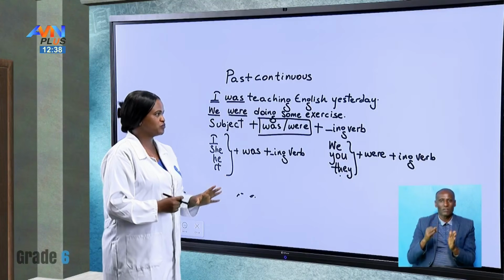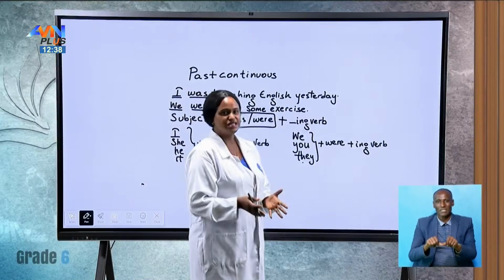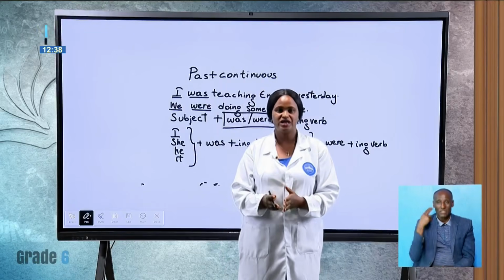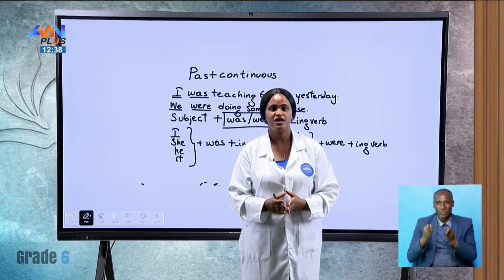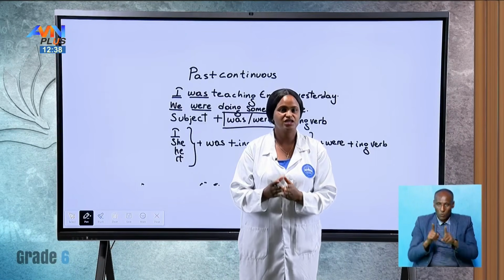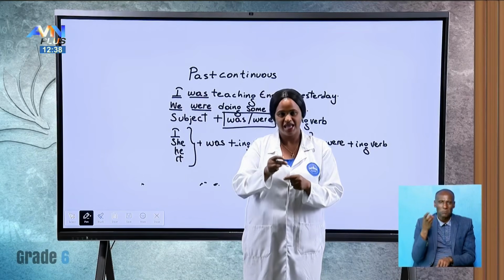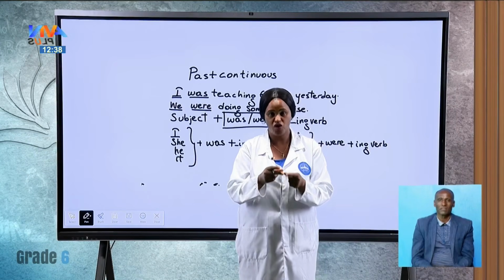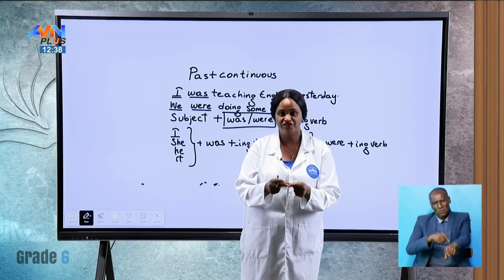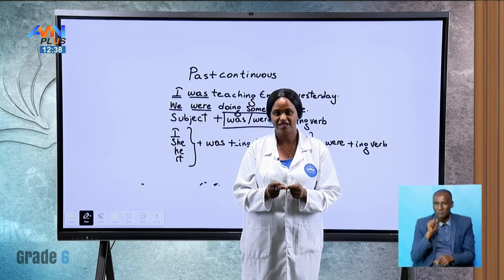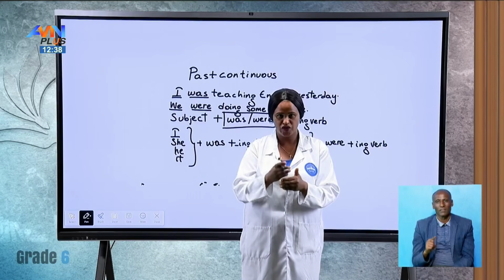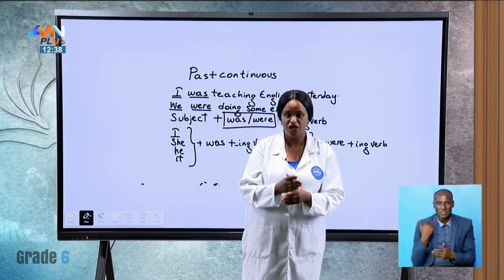Okay, so this is generally the form of past continuous. What did we say about past continuous? Past continuous is used to express a past action, okay? When did the action happen? Someday in the past. But the action has taken what? A little bit of time or a little bit longer. That's what makes it different from the simple past. Yes? Simple past, the action is short. In the past continuous, it is long.